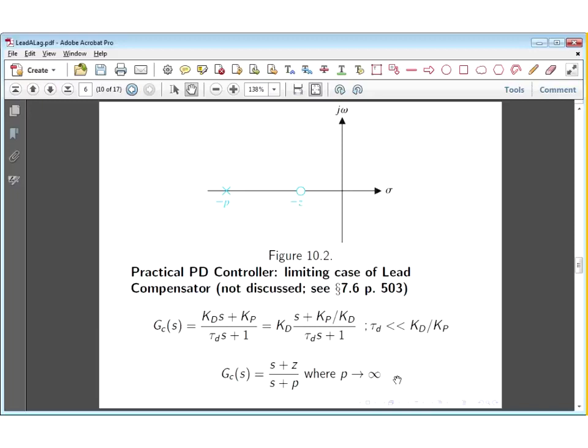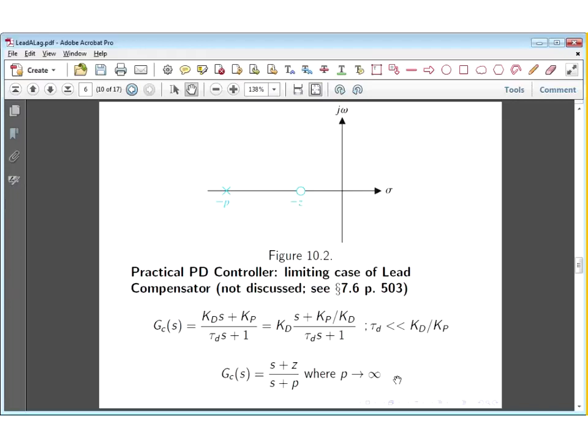So with this then we can say that the PD compensator is a special case of a phase lead compensator. All PD controllers are actually, in the limit, phase lead compensators.